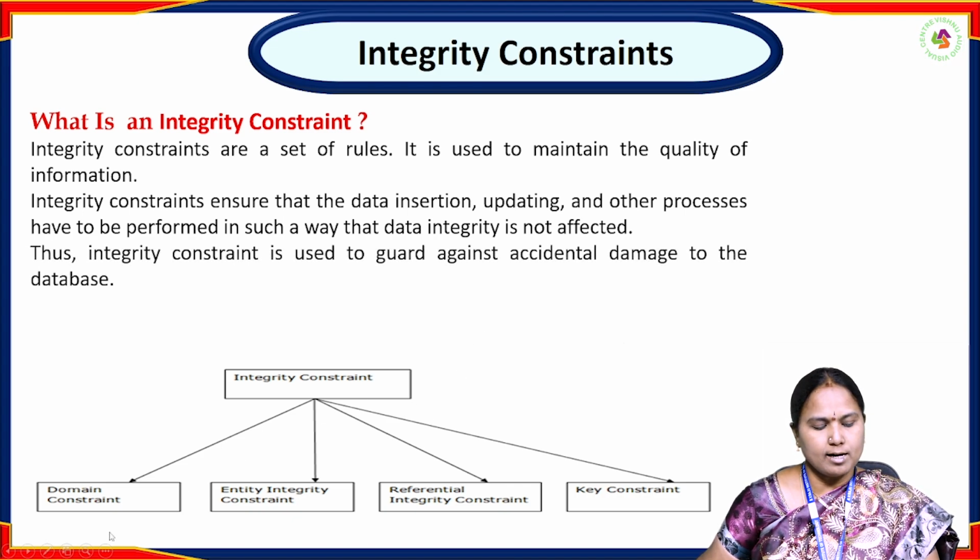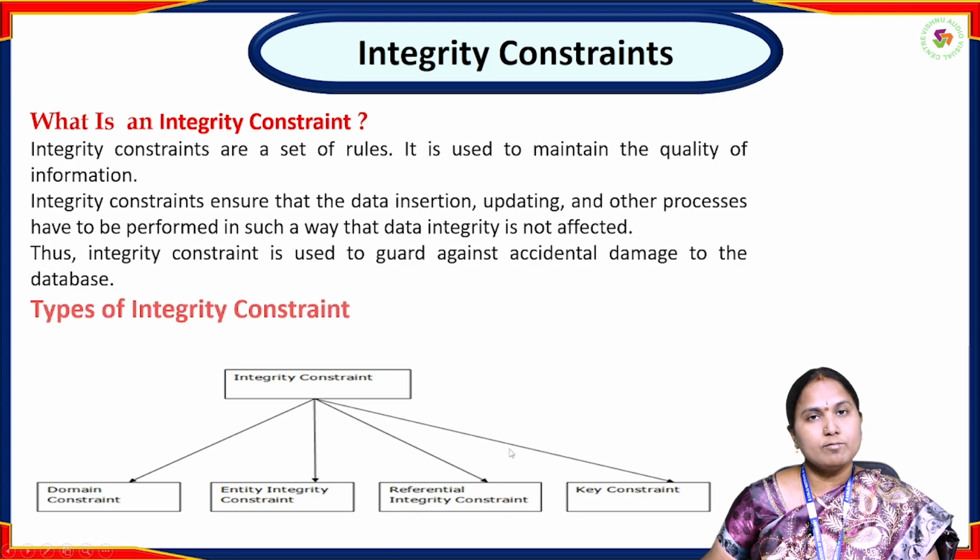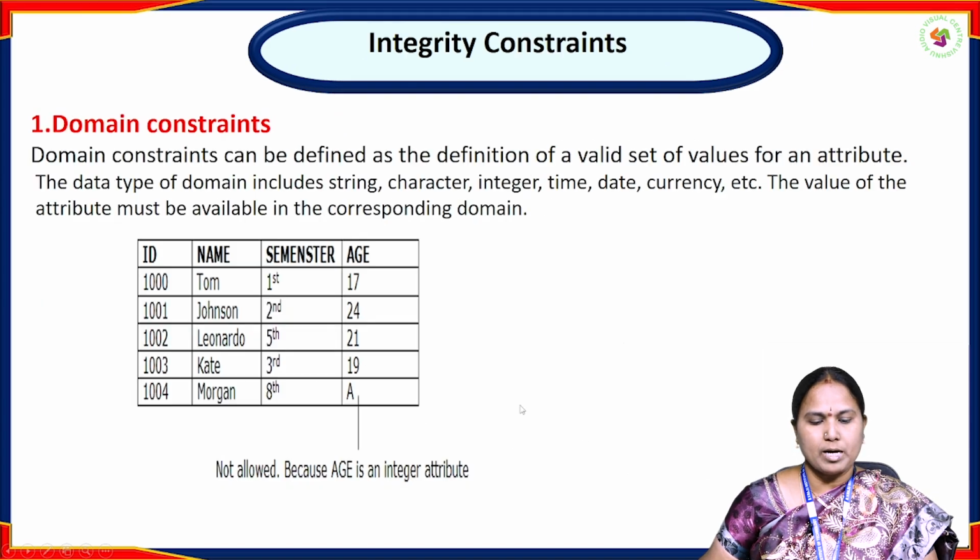Integrity constraints are domain constraints, entity integrity constraints, referential integrity constraints, and key constraints. Every constraint has its own special properties, so we can easily differentiate one constraint from another. First, we are going to discuss the domain constraint.